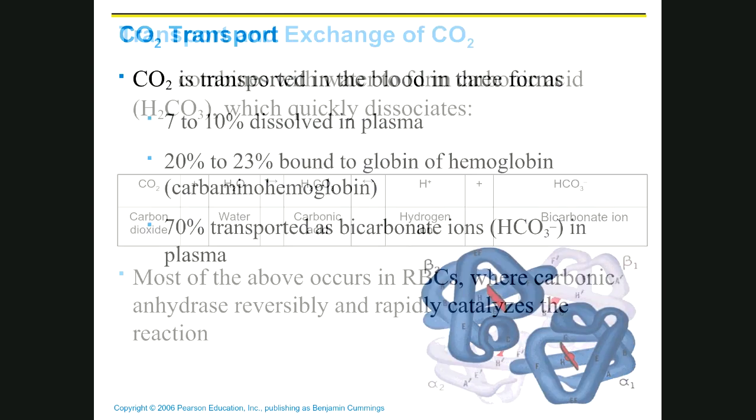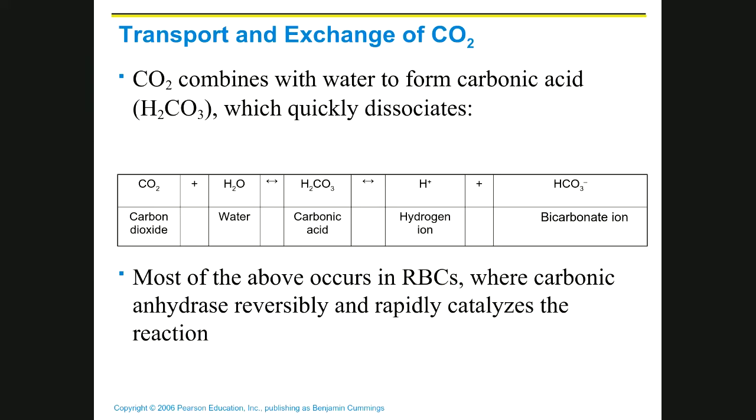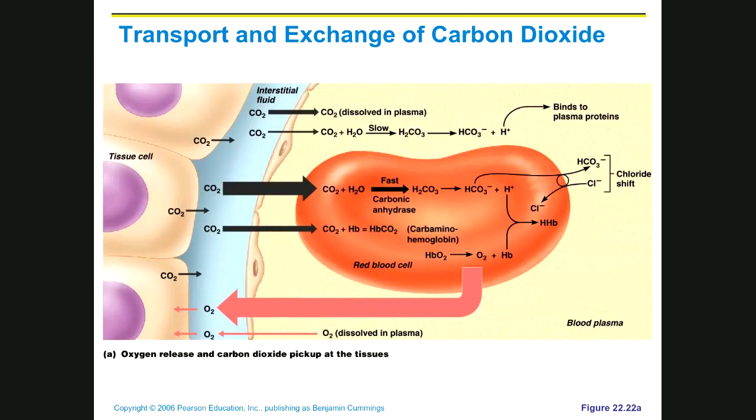So here is the blood cells. So remember, we're going to have external and internal respiration. Well, this is internal respiration right here. Remember, internal respiration is when we do gas exchange between blood and tissues. So remember, the tissues are making carbon dioxide. So it's going to be higher here than it is in the blood.